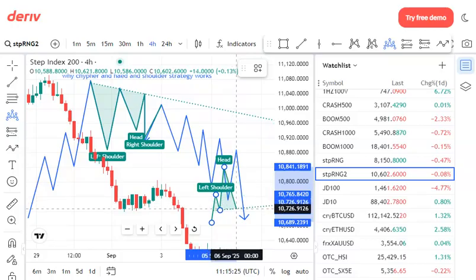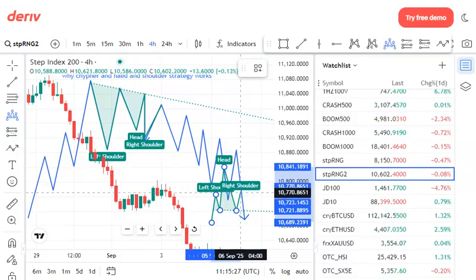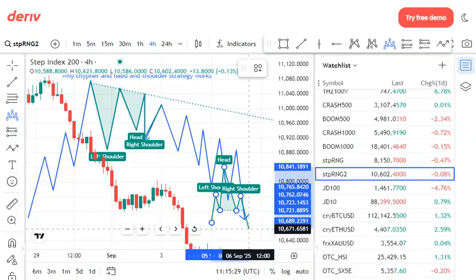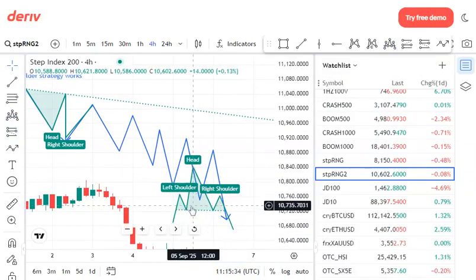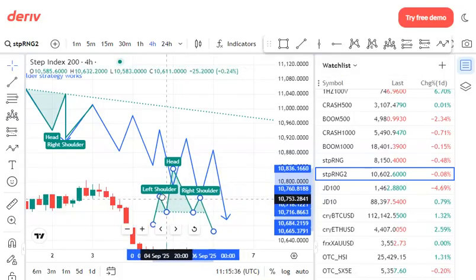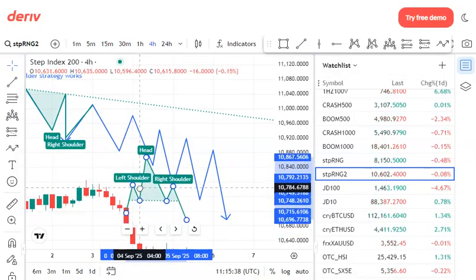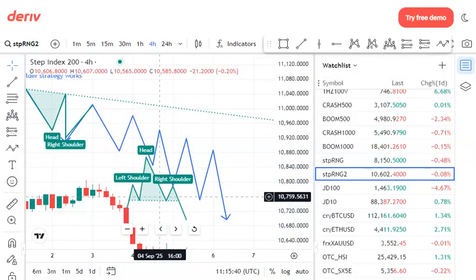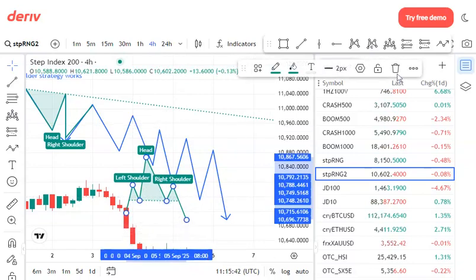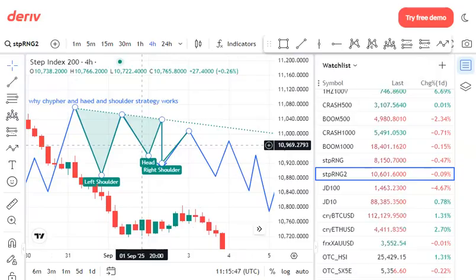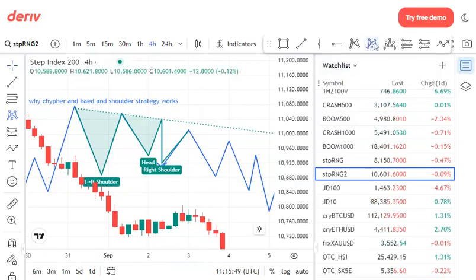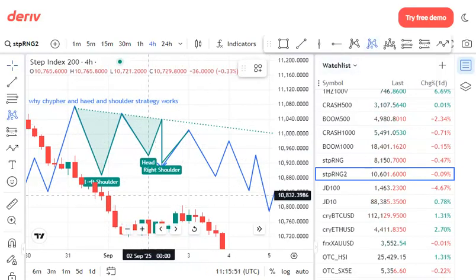This is how you always find the head and shoulder pattern drawn everywhere you go. On YouTube, you find them drawing it like this, but this is not always how this pattern looks. The pattern is also in the form of M's and W's in shapes. This, for instance, is a head and shoulder strategy, but another name for head and shoulder is cipher.